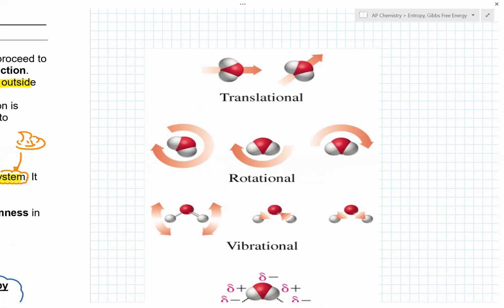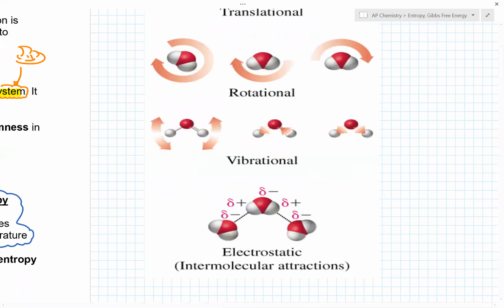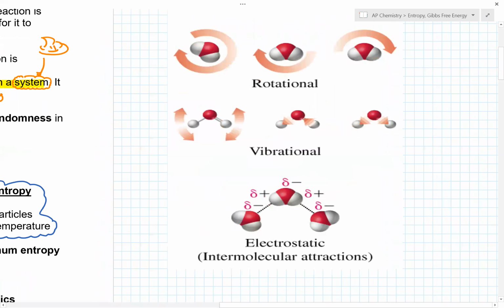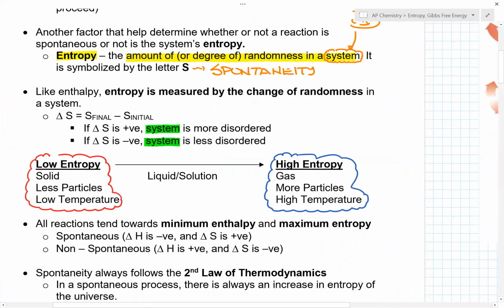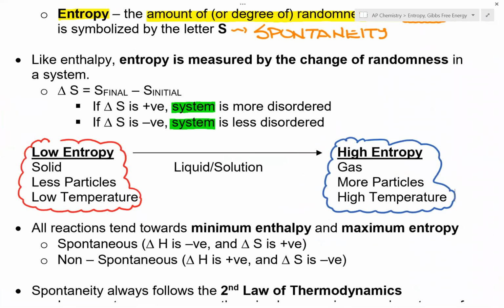The particle itself can undergo a rotation or a vibration due to the movement of the electrons. And sometimes there are even electrostatics, where there's movement between the particles due to intermolecular attraction. So there's always going to be some sort of entropy.